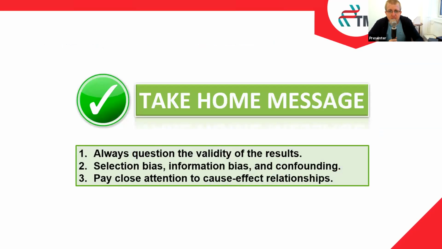Take-home messages, again, the same as I told you yesterday: question the validity of the results always. Selection bias, information bias, and confounding are the major types. Performance bias and detection bias belong to information bias rather. Pay close attention to the cause-effect relationships and always think about the pyramid of evidence-based medicine. Thank you for your attention.